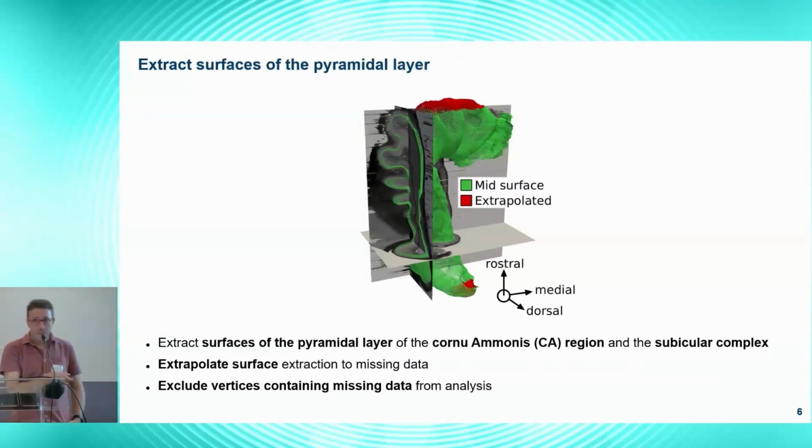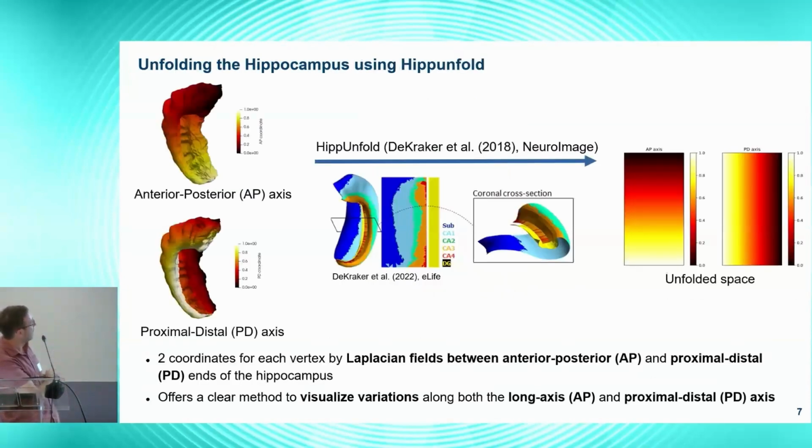So Alex worked together then with Jordan Kraka, who is here, an expert in the hippocampus, to actually go into a canonical space in the unfolded hippocampus. So he computed the surface of the CA region and extrapolated it across missing data to actually get surfaces here for this data set.